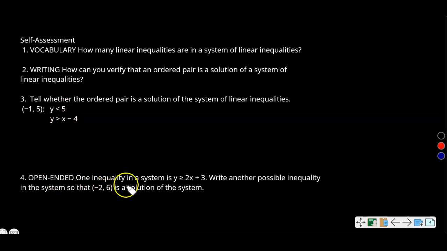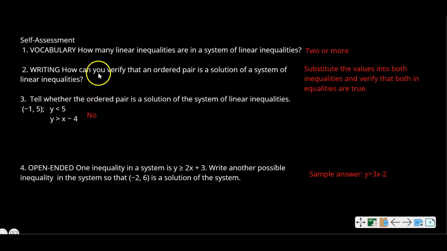And number 4, open-ended: one inequality in a system is this. Write another possible inequality in a system so that (-2, 6) is a solution of the system. Open-ended means there are infinitely many correct answers. You just have to meet the criteria that this is going to be a solution of the system. All right, so when you answer these, come back and we will check your answers.